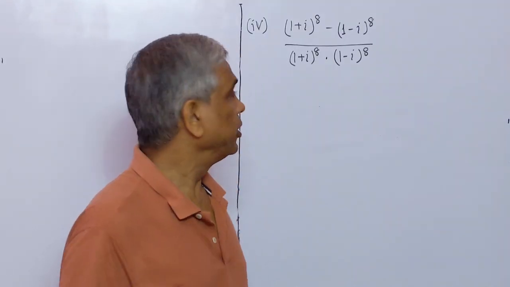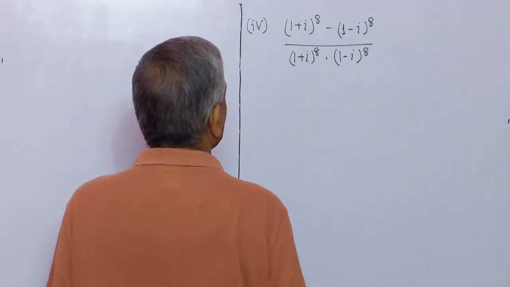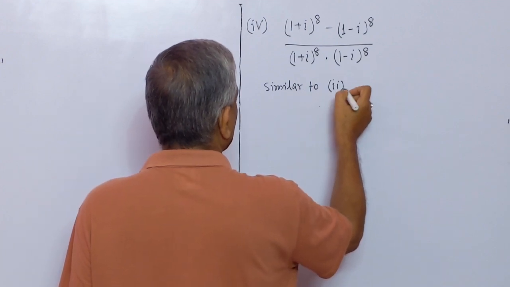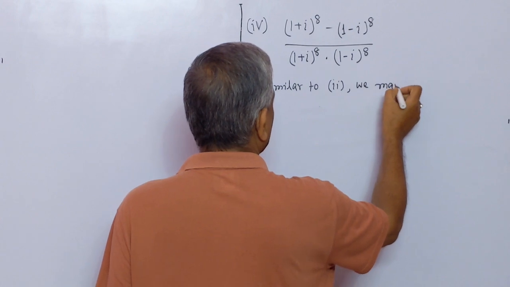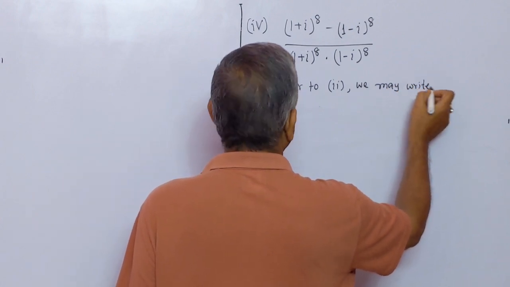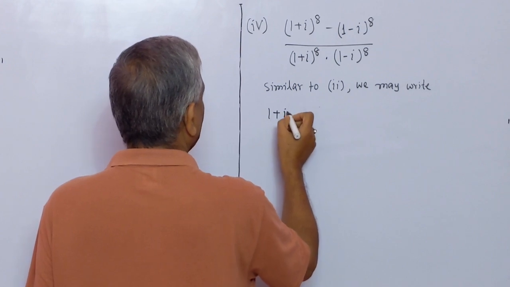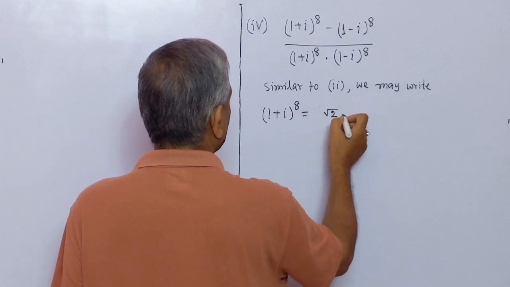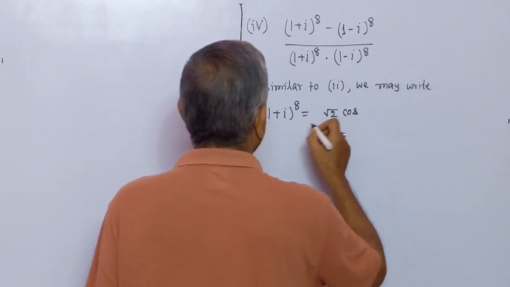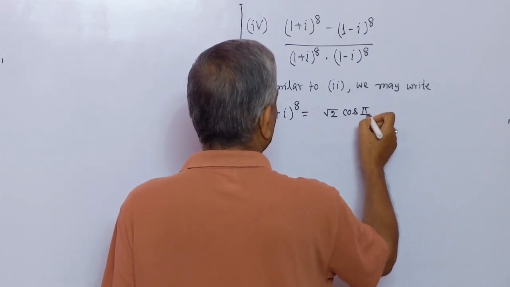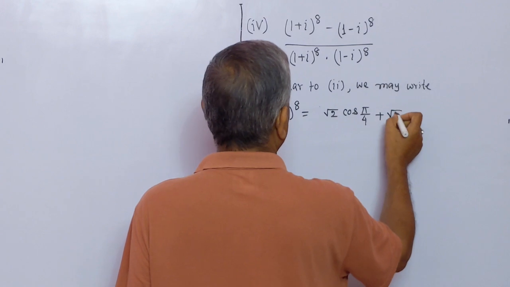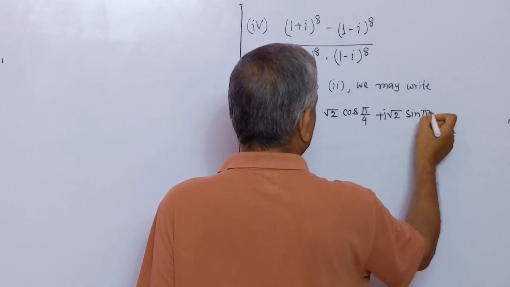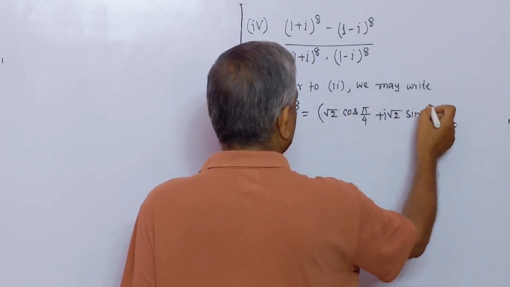Now we solve number 4. Here, similar to number 2, we may write 1 plus I to the power 8 equal to square root 2 cos pi by 4 plus I sin pi by 4, to the power 8.